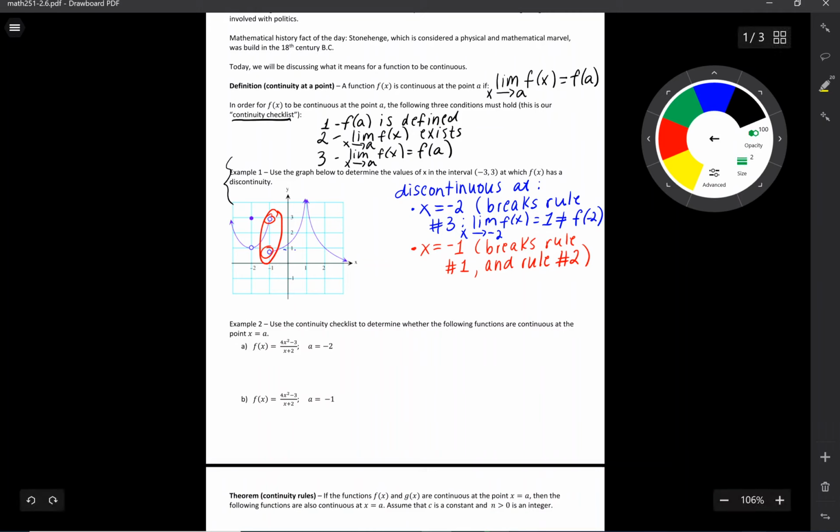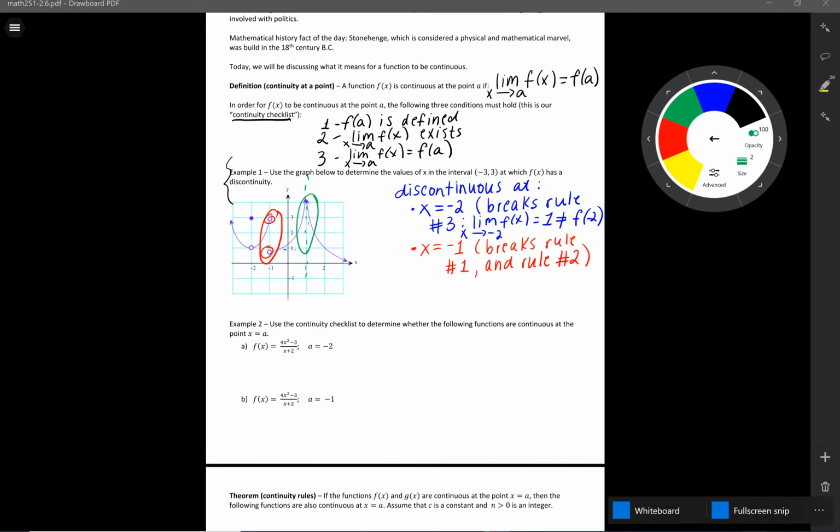We look good up until the point 1. So what's happening at x equals 1? Well, it looks like I have some sort of vertical asymptote there, which means that my function is not defined. It also means that my limit does not exist, since I'm going up towards infinity from both points. And it breaks rule number 3, since I can't actually equal infinity.